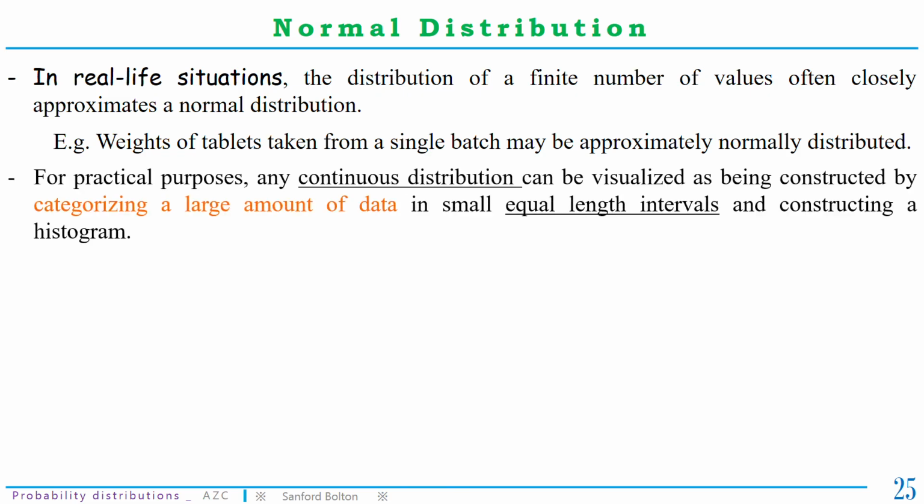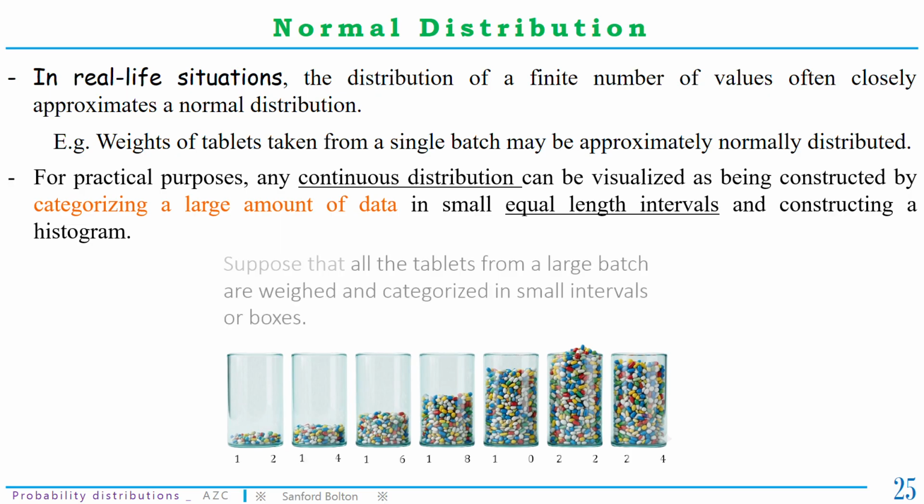For practical purposes, any continuous distribution can be visualized as being constructed by categorizing a large amount of data in small equal length intervals and constructing a histogram. Suppose that all the tablets from a large batch are weighed and categorized in small intervals or boxes.